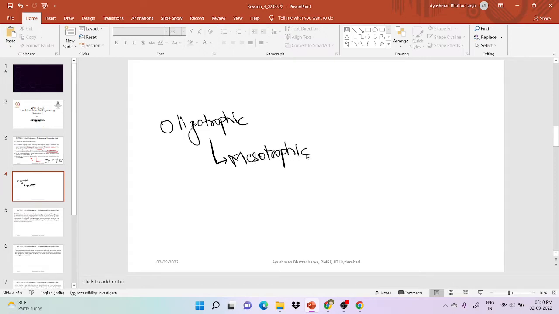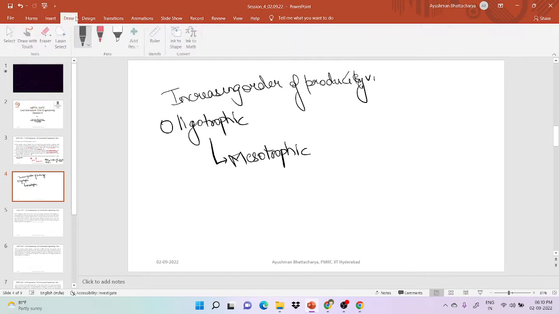This is the increasing order of lake productivity and nutrient sources.